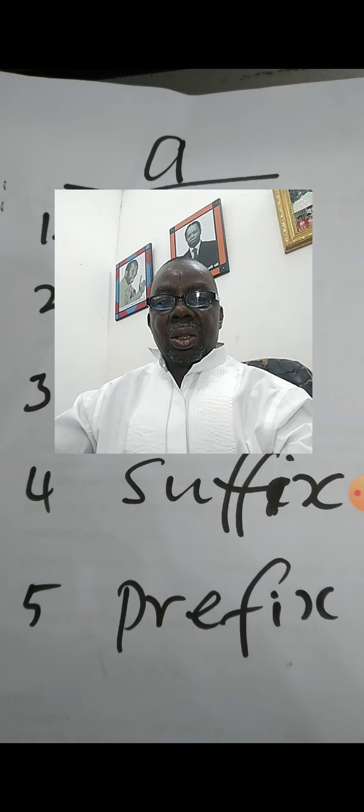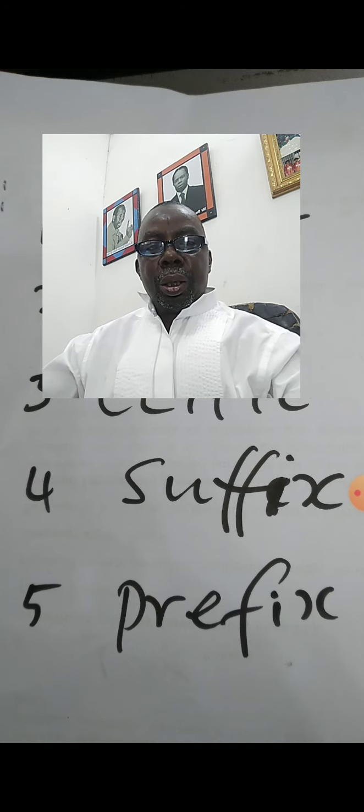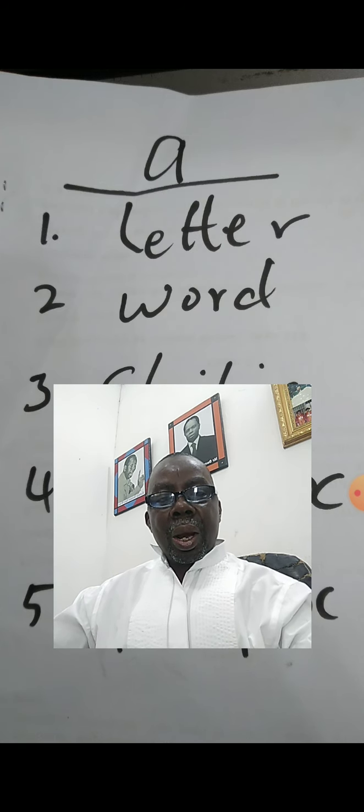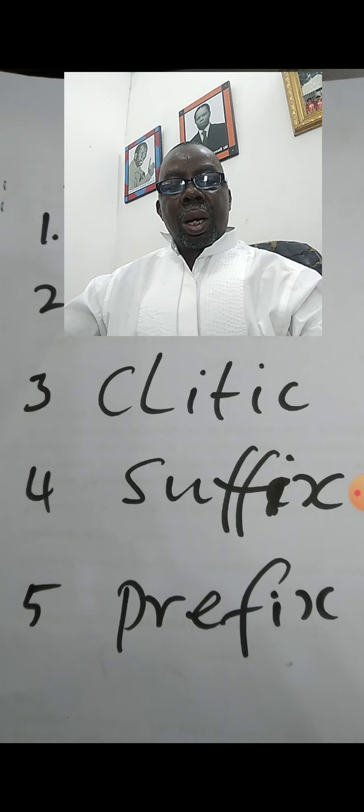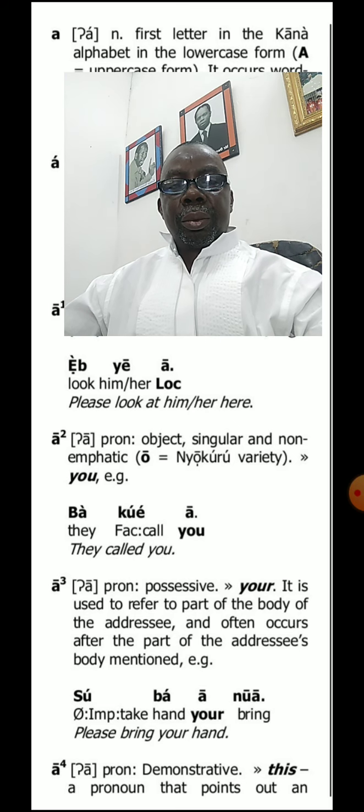It is used as a letter, that is the first function, then as a word, as a clitic, then it also functions as a suffix, and then as a prefix. Let me repeat. The letter A in Kana functions as a letter, as a word, as a clitic, as a suffix, and as a prefix. Let us look at them one after the other.